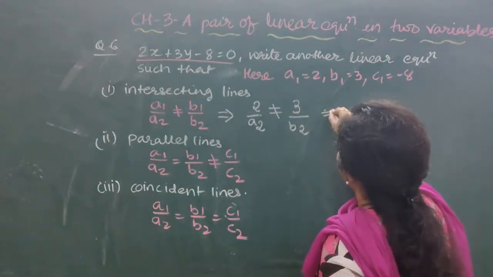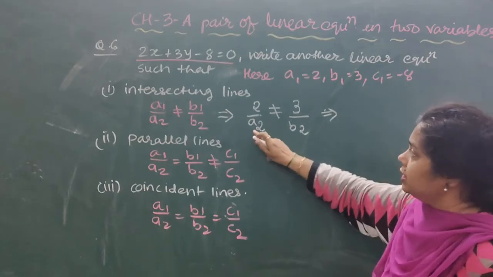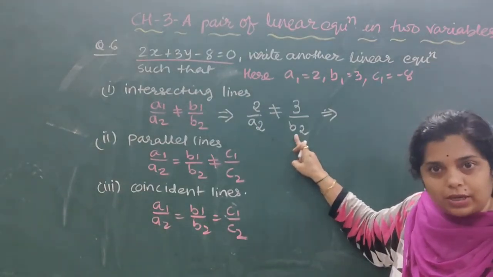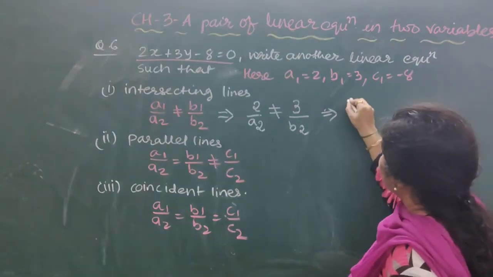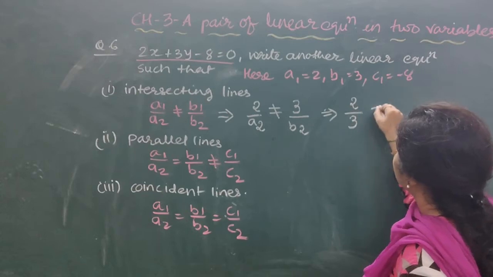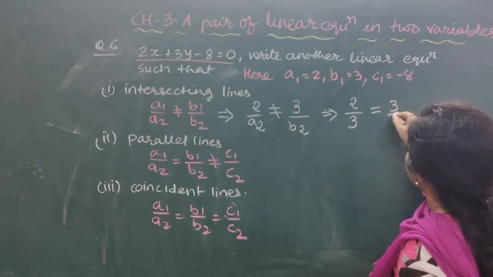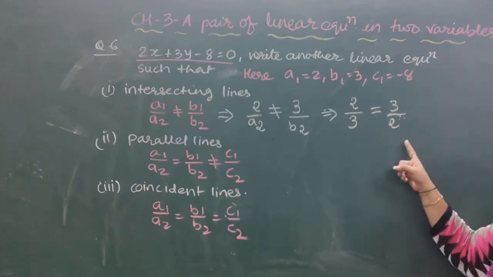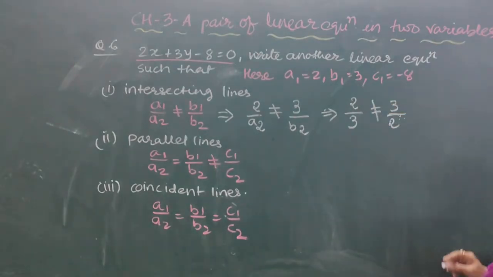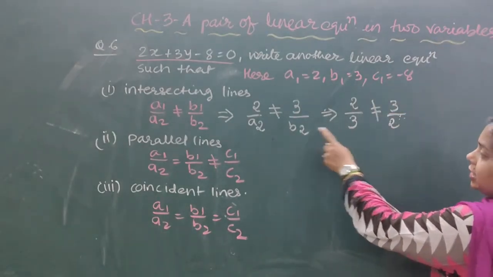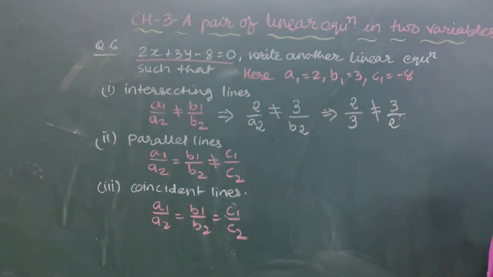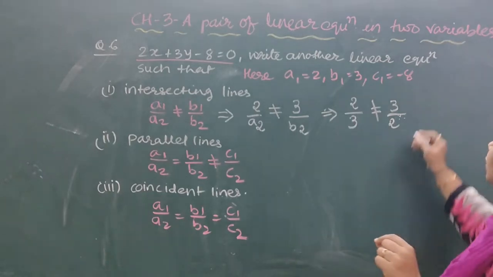Now, if I take A2 is equal to 3 and B2 is equal to 2, is it okay? Yes. So if A2 is equal to 3 and B2 is equal to 2, are both ratios the same? No, they are not the same. So the other equation we get has A2 as 3, B2 as 2, and C you can take any number.